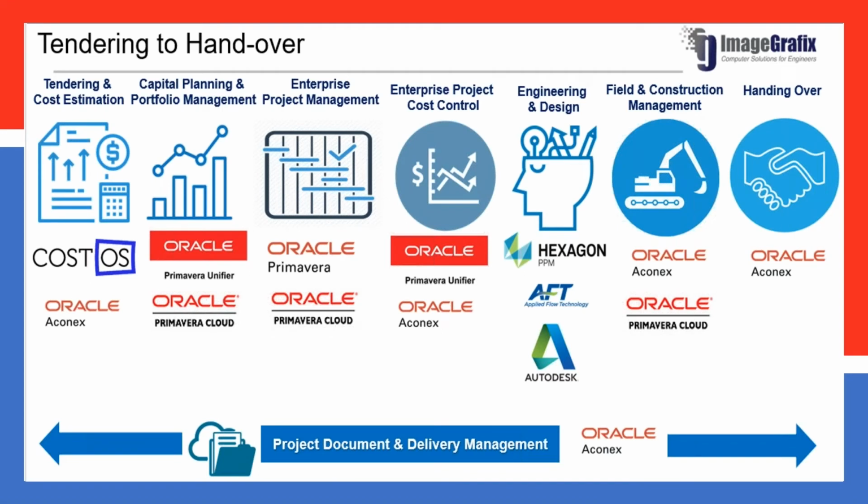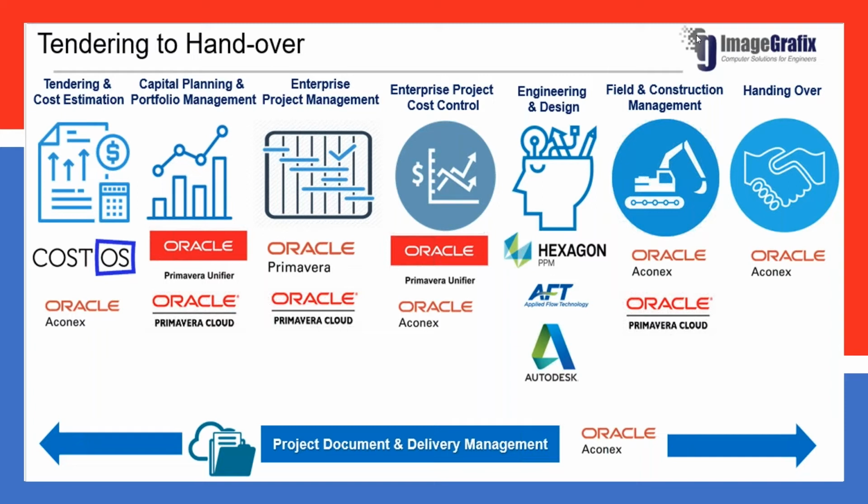The solutions we provide to our customers can be pictured from this picture, right from the tendering and cost estimation till the handing over. We have software solutions which can cater to the different areas of project management. We have CostOS and Oracle Aconics for the tendering and cost estimation. For capital planning and portfolio management, we have Primavera Unifier and Oracle Primavera Cloud.